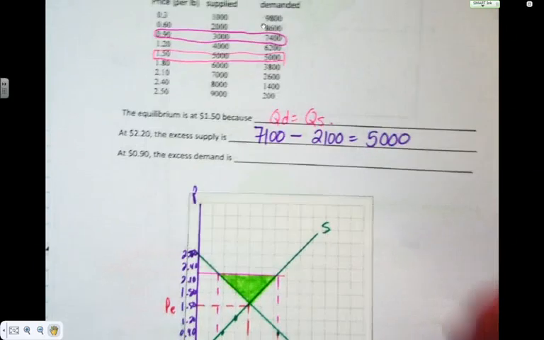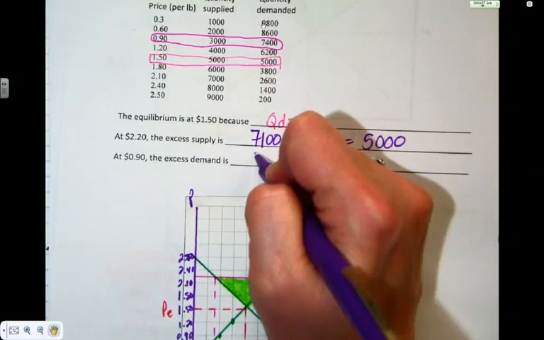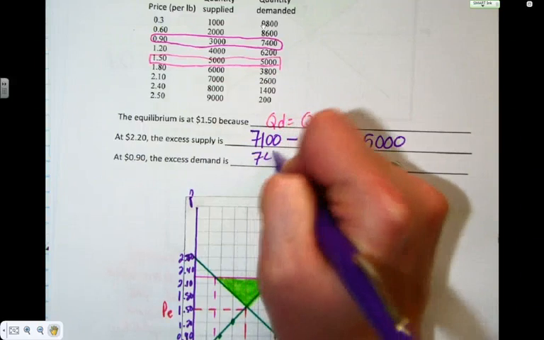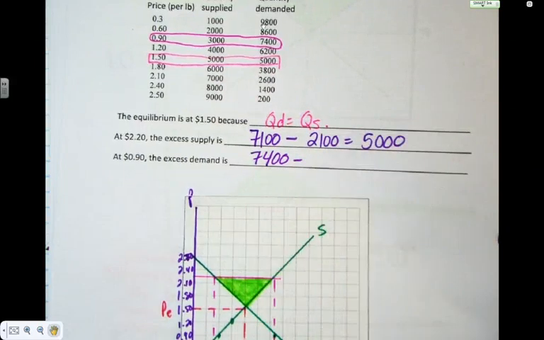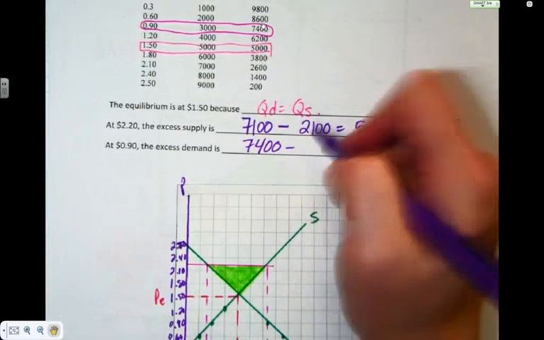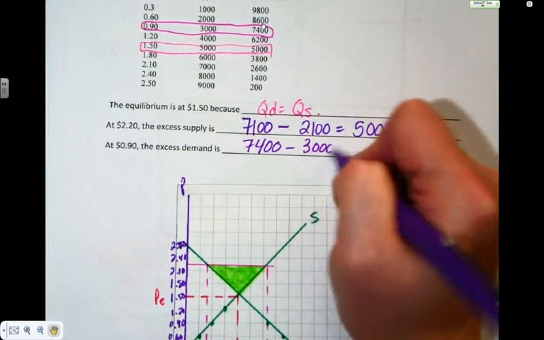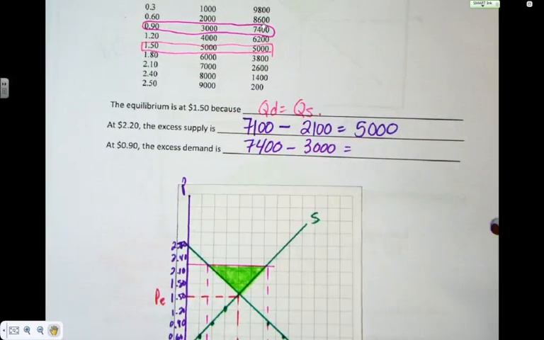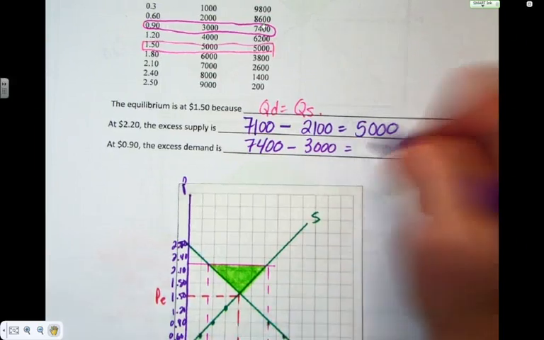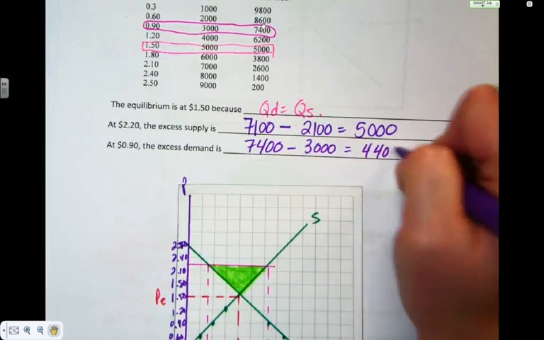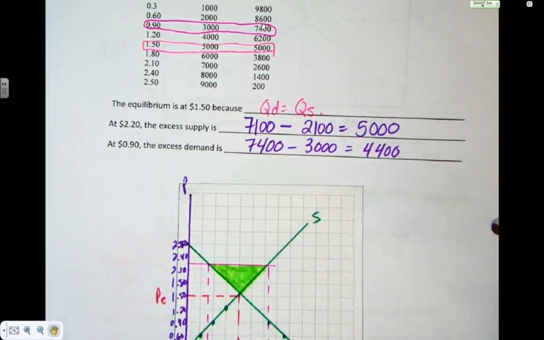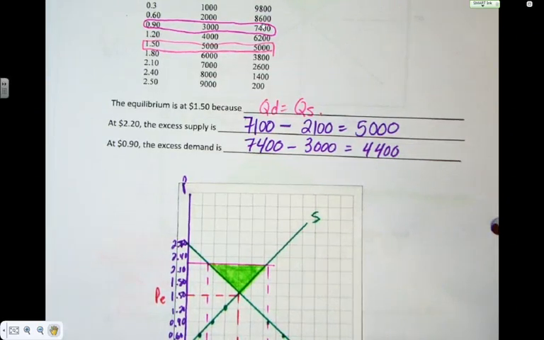The quantity demanded. Quantity supplied. The excess demand. Not good for the economy either. Why? Yeah, there's a lot of hungry people, right, who didn't get their burger.